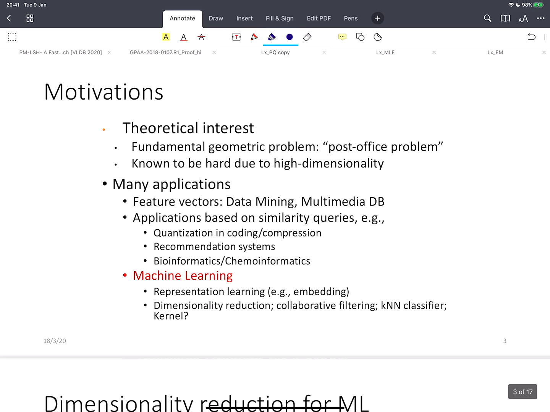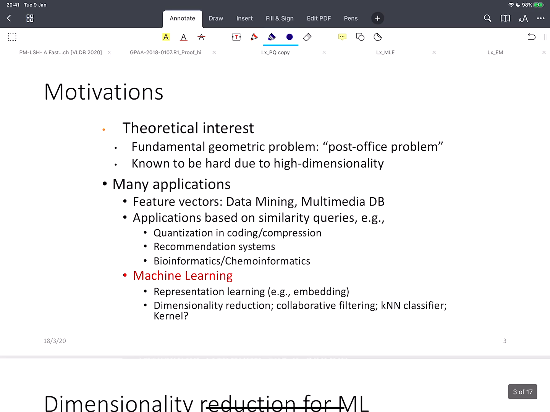But it turns out that it's very hard due to high dimensionality. We won't go deep into it, but whenever the dimensionality is high, many things are, first of all, very different from the low dimensional counterpart, and also the complexity usually grows exponentially in the number of dimensions.